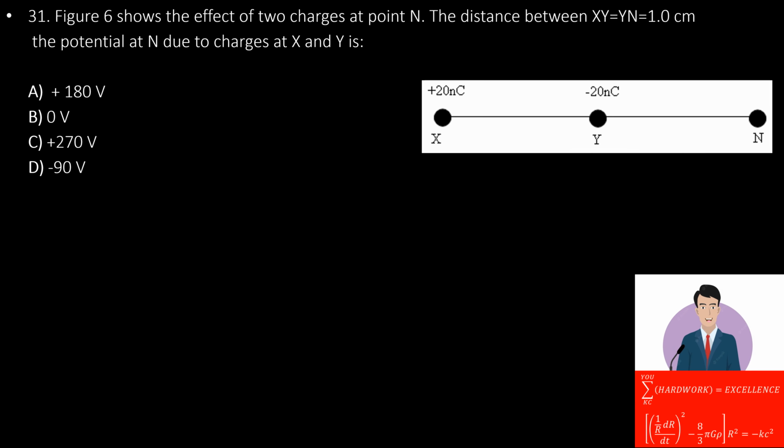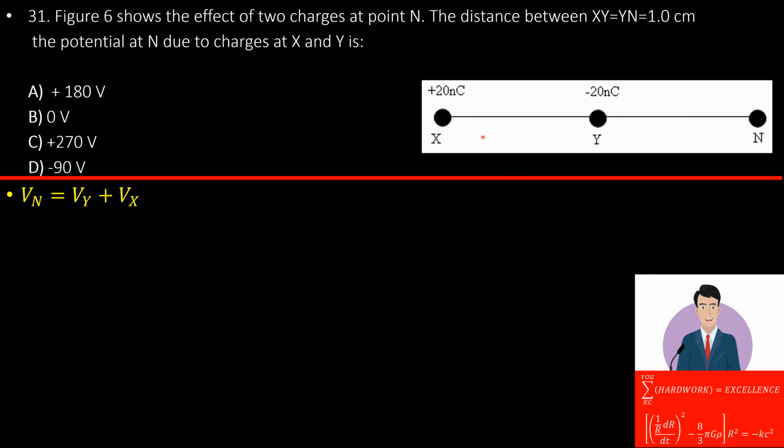Okay, so in this question we want to find the potential at N, and so what we're basically going to do is, of course, the potential at N is the sum of the potential at N due to Y and the potential at N due to X. And so V at N is Vy plus Vx, and so we can actually represent that. Because V is not a vector quantity, we're just going to stick with the signs on the individual charges. And so that's why you notice a negative here. All right, because, well, the potential due to Y is actually a negative potential at N. And so we are going to get, of course, the magnitude of qx equals qy, which equals q.